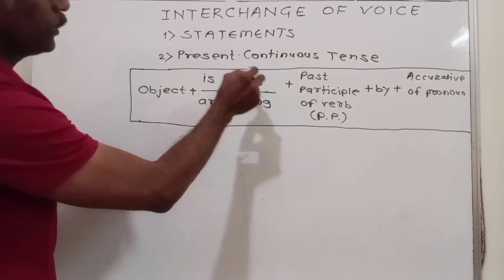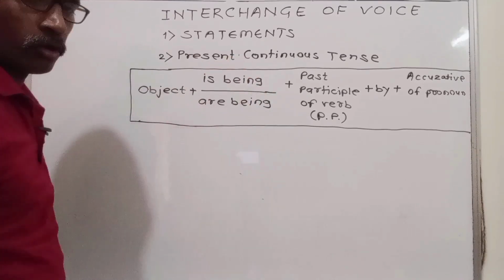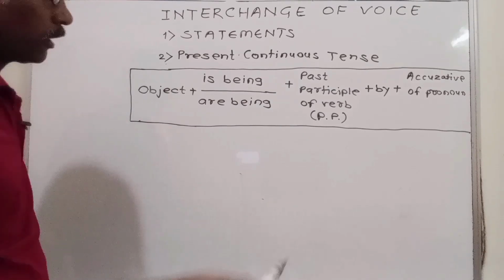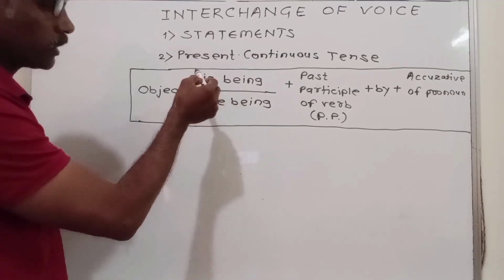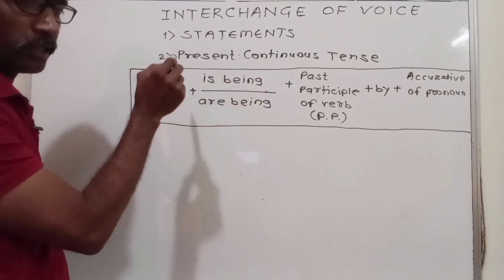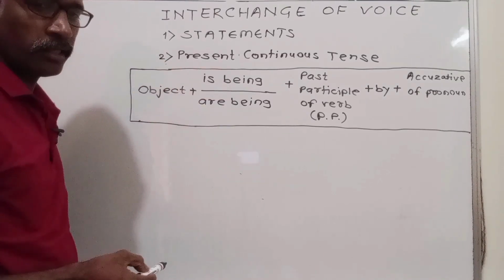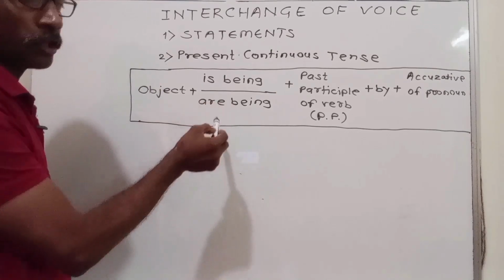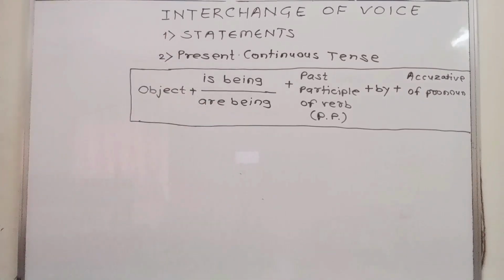This is for plural and this is for singular. When our subject is singular, then we write is being, and when plural, then we write are being. Okay.